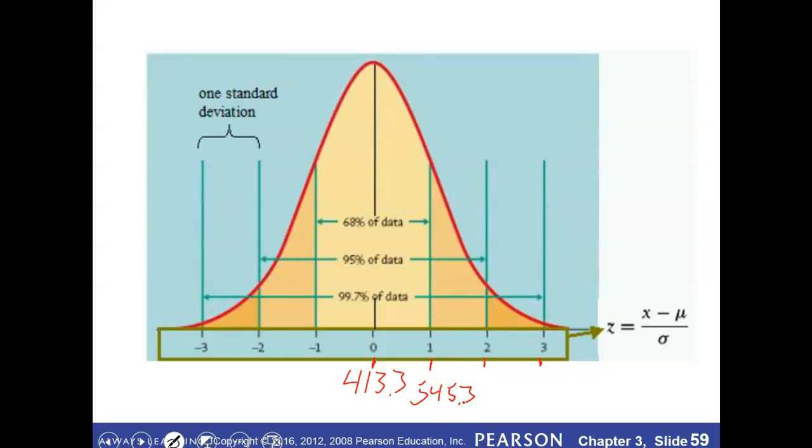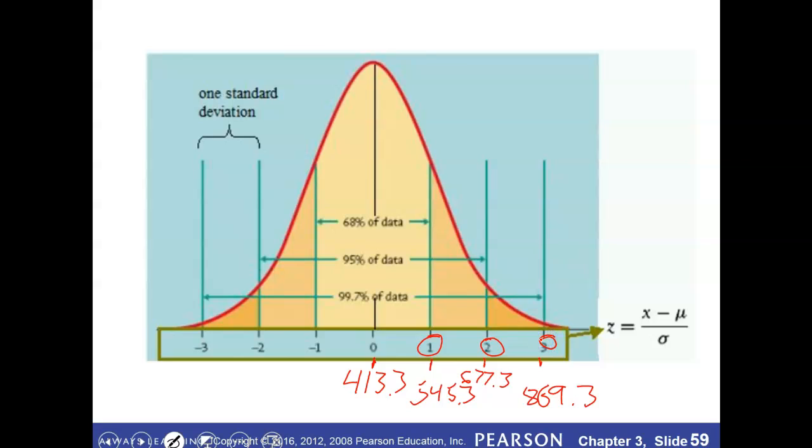So 545.3 has a z-score of 1. If I go 2 standard deviations above the mean, I add 132 again and I'm at 677.3, which has a z-score of 2. We can do the same thing with 3 standard deviations above the mean. If I add 132 again, I'd be at 809.3. That has a z-score of 3.